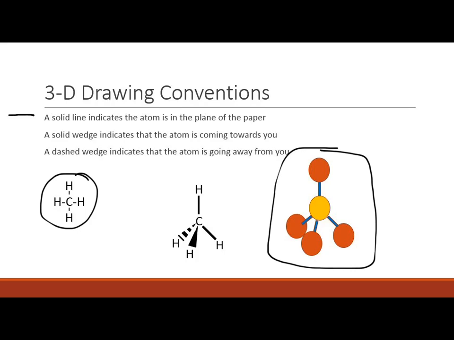If it's a solid wedge, that should indicate that it's coming out at you, right? So this hydrogen here is actually coming out of the screen at you. And then a hatch mark line represents that the atom is moving back away from you. So in this case, that hydrogen's moving away from you.